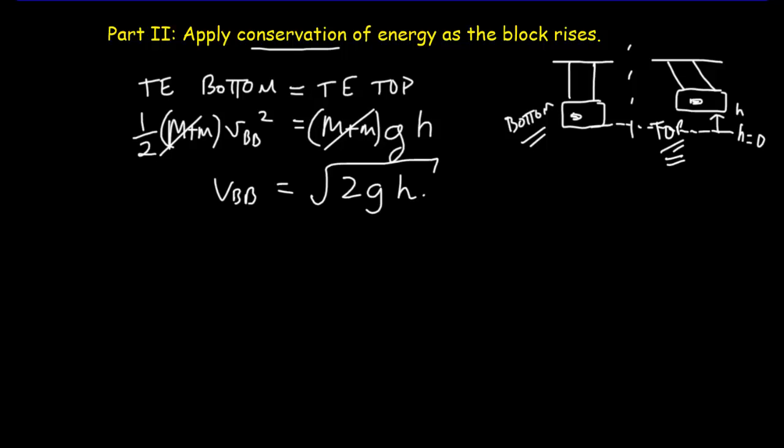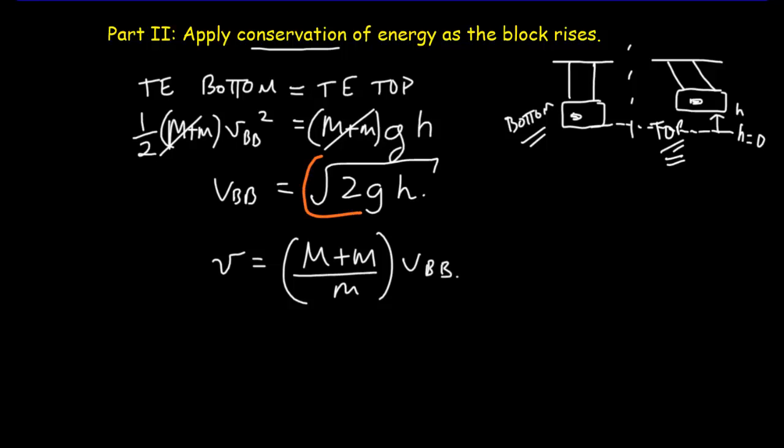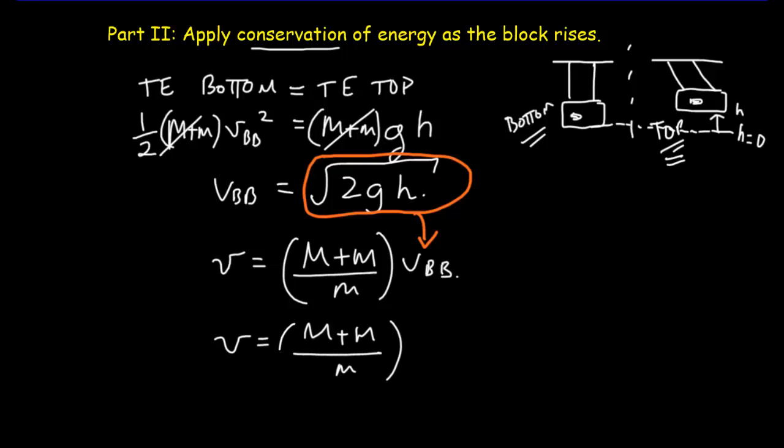Remember, my first equation was v equals (M plus m) over m times vbb. So what I'm now going to do is take this expression for vbb and put it in here, because then I'll have all quite easily measured quantities for the speed. So the expression that I'll get is that the speed of the bullet will equal that ratio of masses times the square root of 2gh.